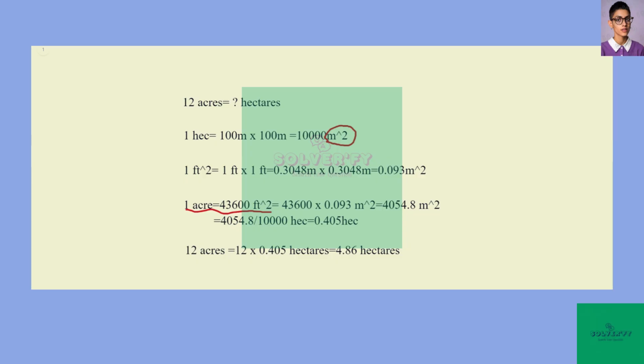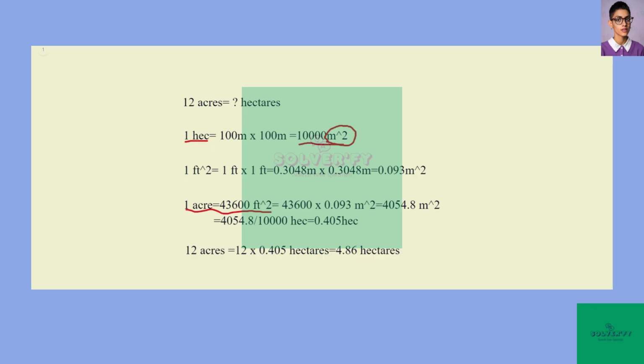Since we already have 1 hectare equals 10,000 meters squared, the next thing would be to find out how many meters squared equal 1 acre.